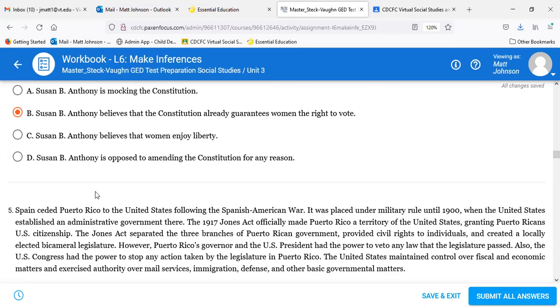You might hear in the news sometimes that there are efforts to grant Puerto Rico statehood, to make it the 51st state. There's a good case for that. It's sort of like they don't get a vote in Congress, but they have a representative there.